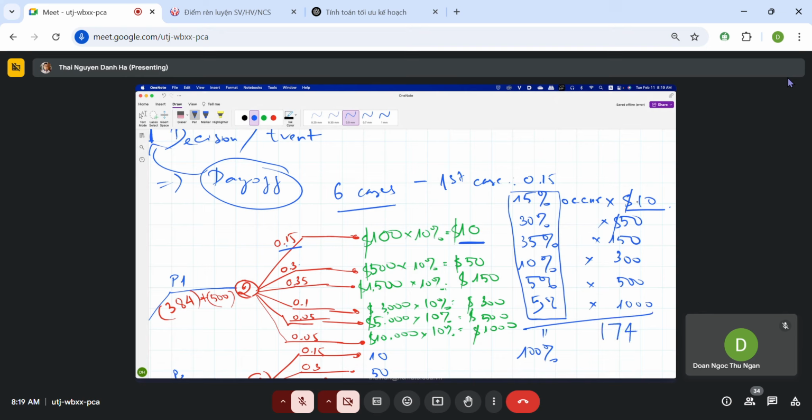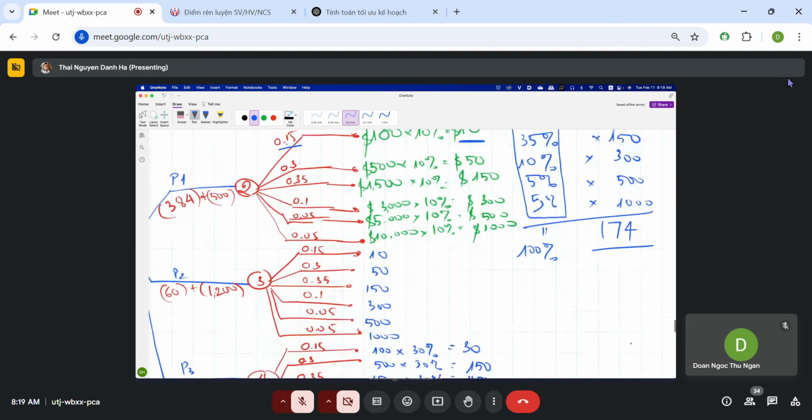Just 50% multiplied by 10, 30% multiplied by 50, 35% multiplied by 150, 10% multiplied by 300, 10% multiplied by 500, and finally 5% multiplied by 1000. And finally we get 174.